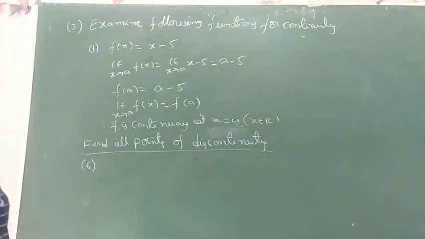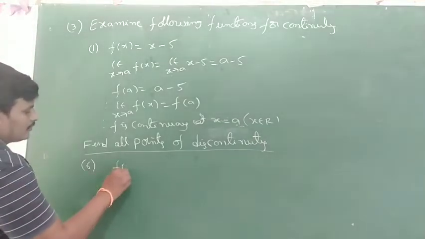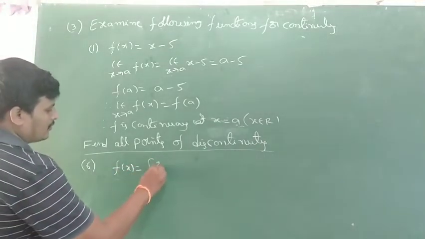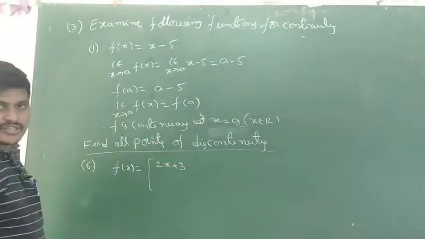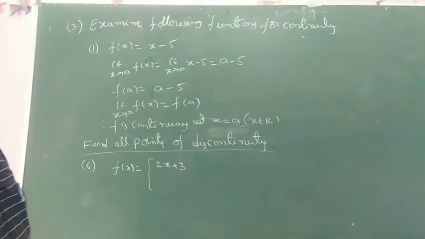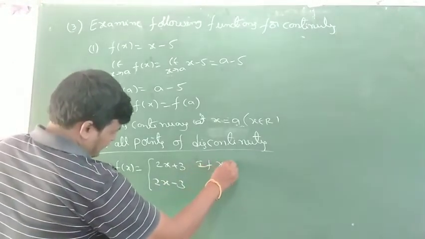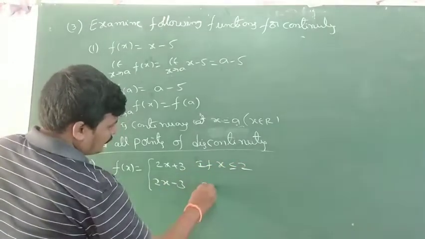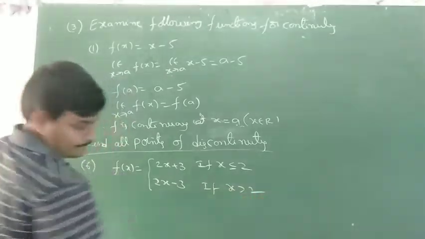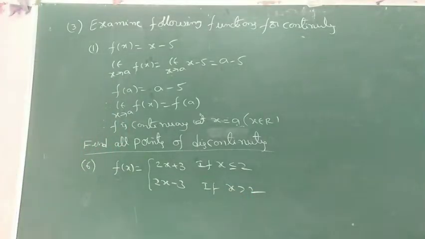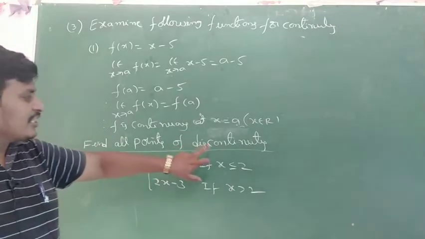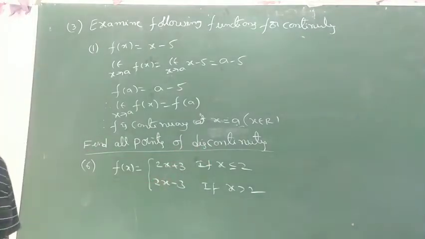The first one, sixth problem. f of x is equal to 2x plus 3 if x is less than or equal to 2, and 2x minus 3 if x is greater than 2. This function is discontinuous at which point?